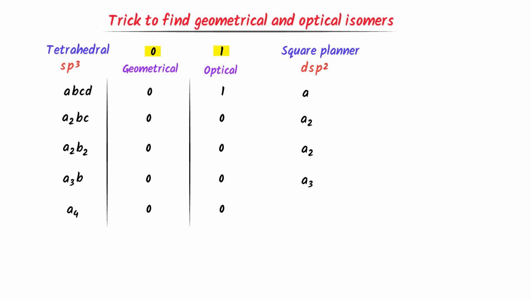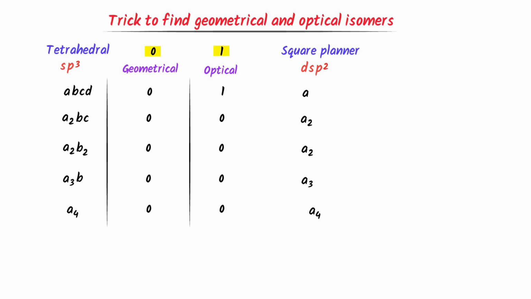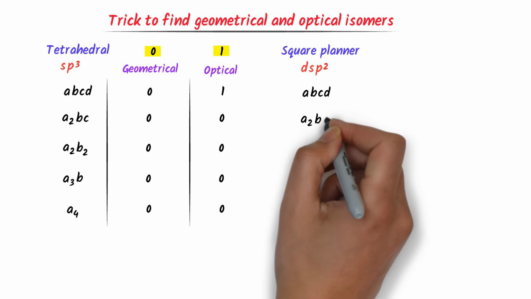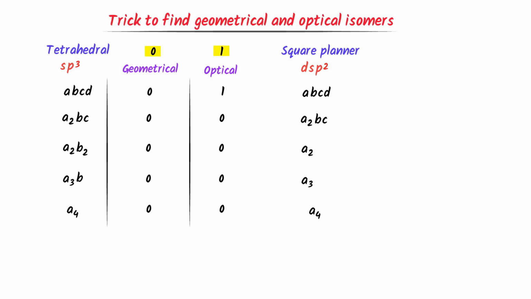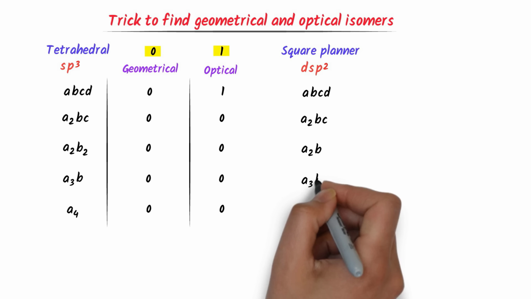I write A3 and I write A4. Here I write BCD. I remove one alphabet successively. I remove this D, I write here BC. I remove this C, I write here B, and I also write here B.